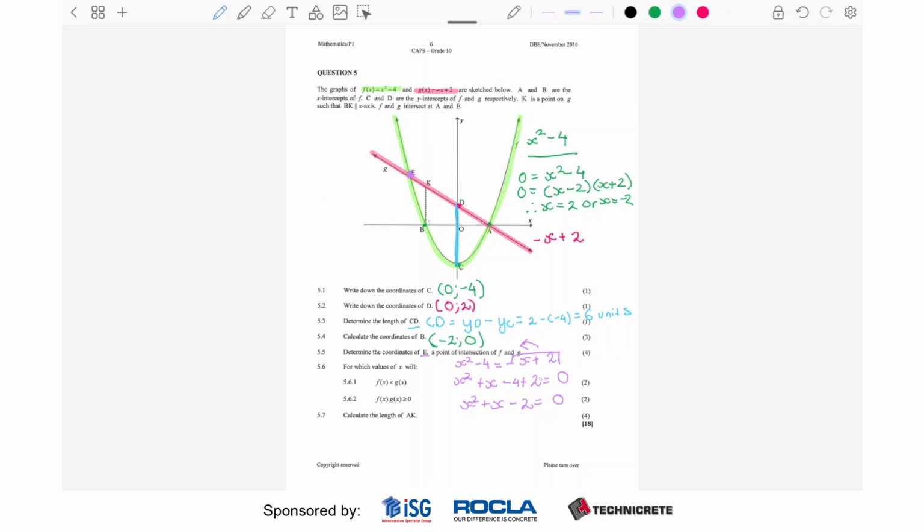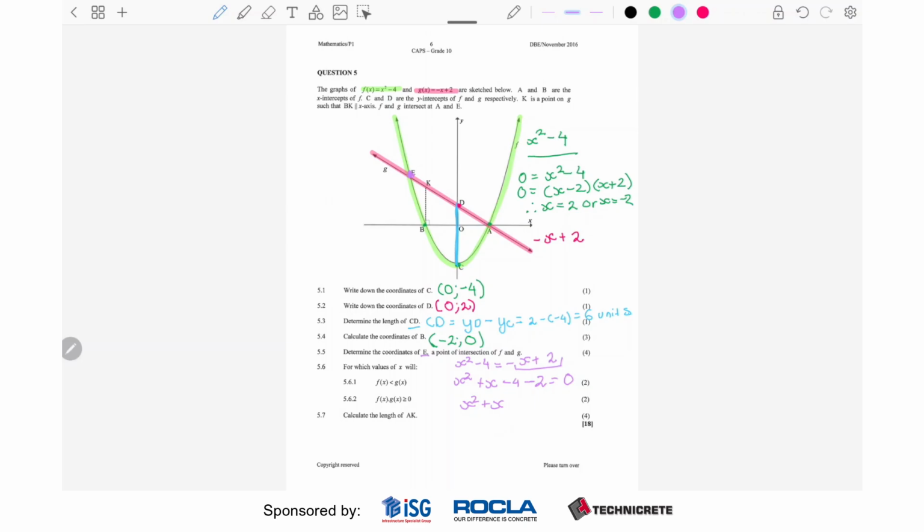Sorry, this was a miscalculation on my part. Since I'm bringing this part here onto this side to make everything equal, the negative x will become positive and the positive 2 will become negative.